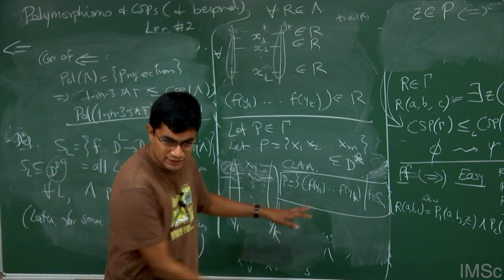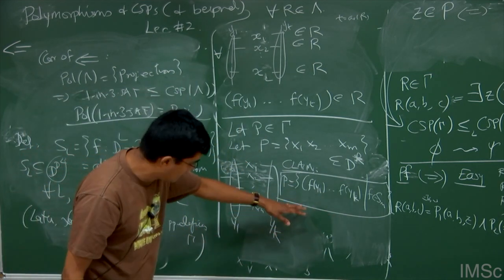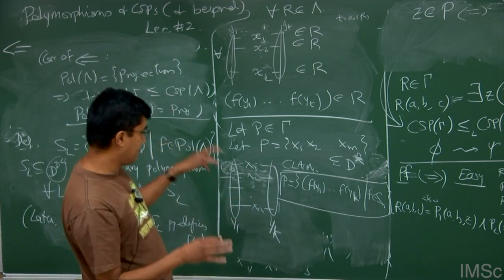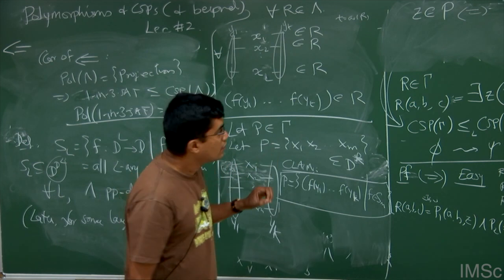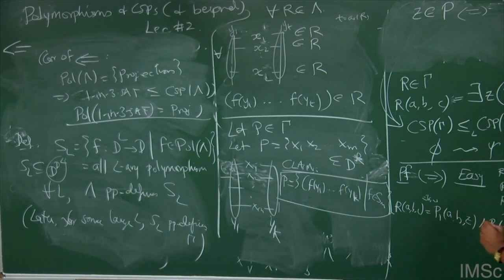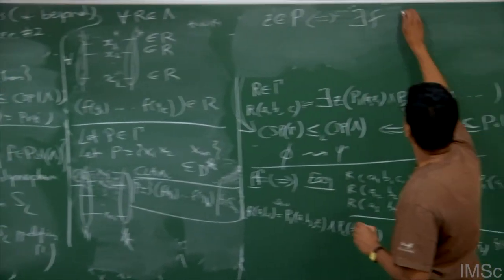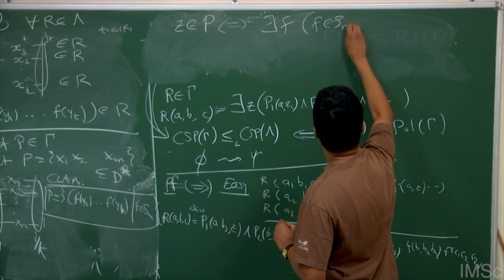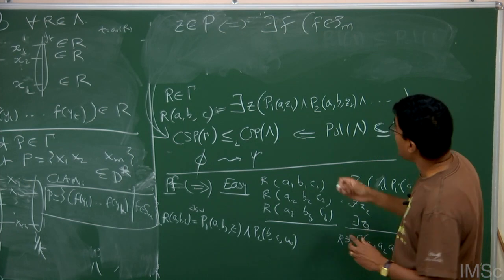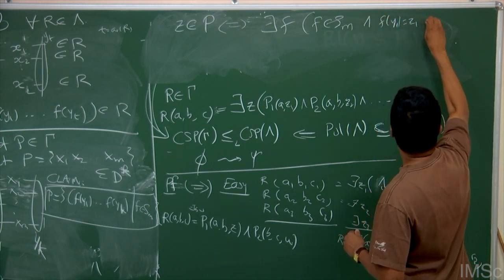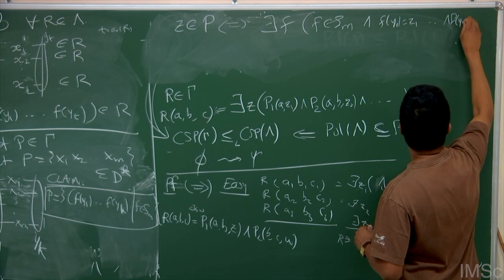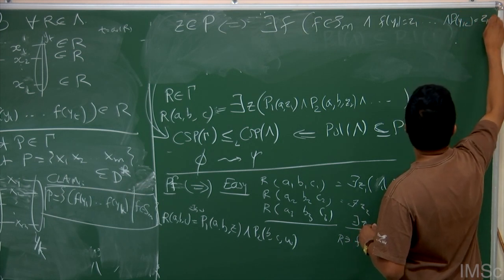This is very easy, and this is just a little claim. There won't be any confusion in this. But the grander picture: why does this imply that P can be PP defined by this? So this means that there is some big function f such that f is in Sm, and you're also going to say that f of y1 equals z1, and f of yk is zk.